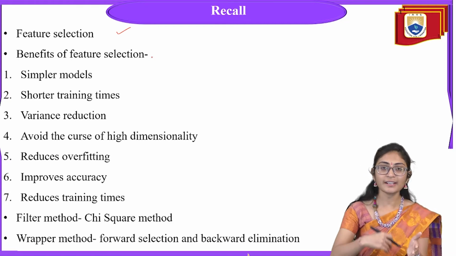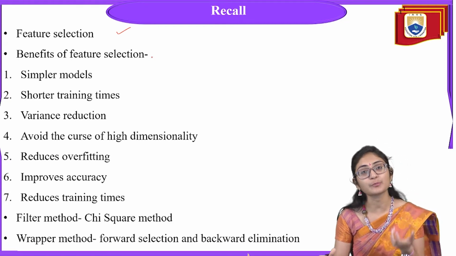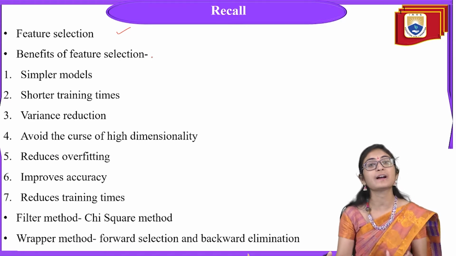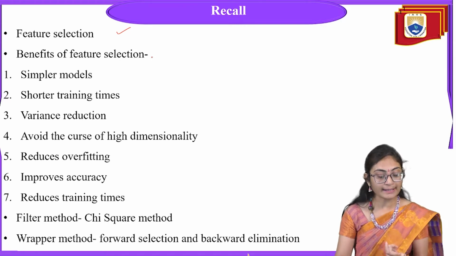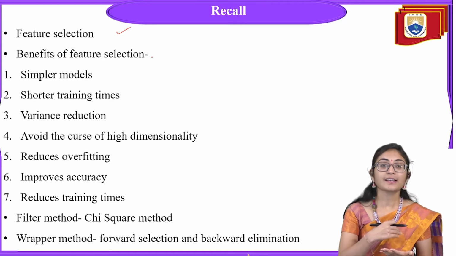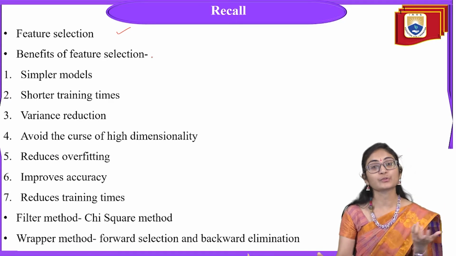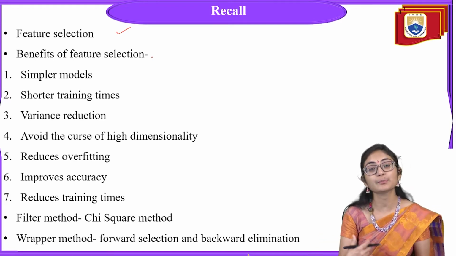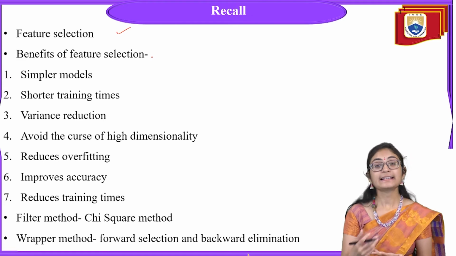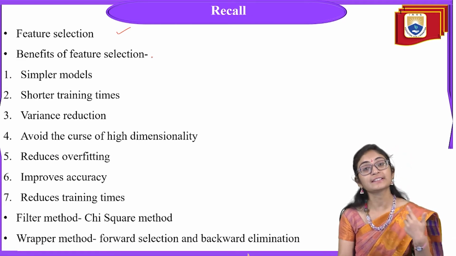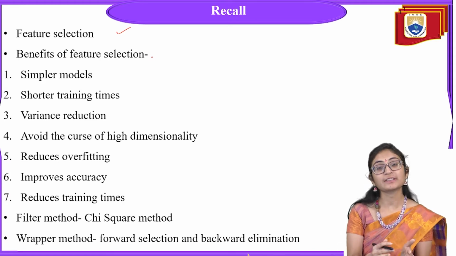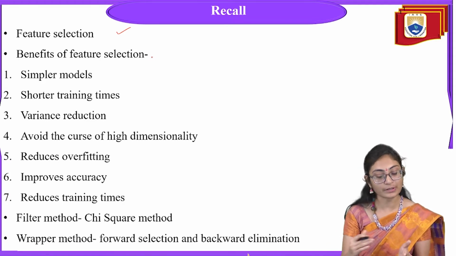And if your dataset contains an overfitting problem, that overfitting problem will also be reduced by feature selection, and it will improve the accuracy of your dataset. Without accuracy, you will not get the particular result. That means, in short, the feature selection method is very important for us.